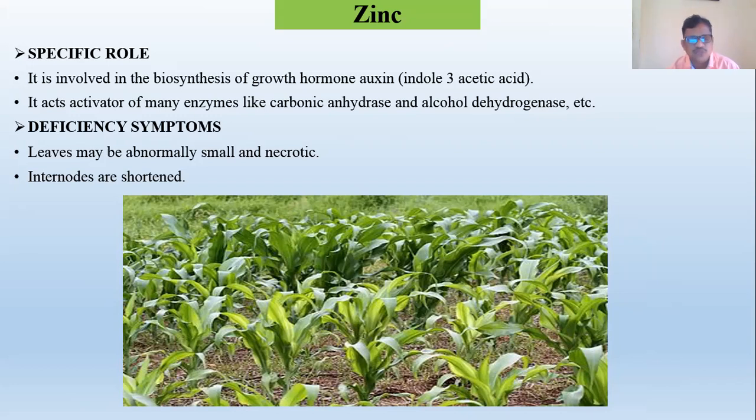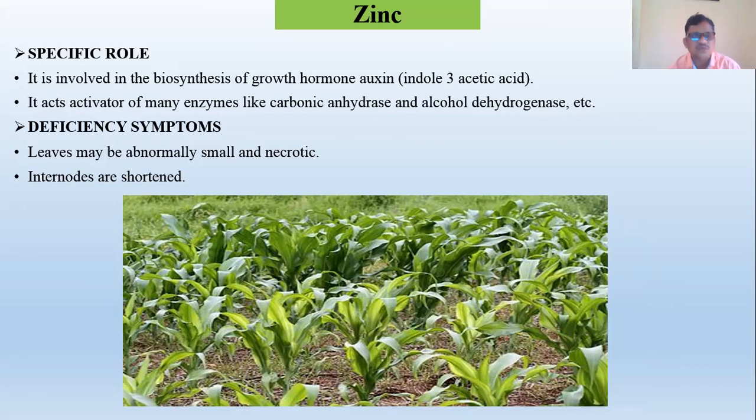The deficiency symptoms of any micro element need to be corrected on time, then only normal growth and development of that crop will happen, and we will get the standard yield. In the deficiency of these micro elements, plants are not able to grow normally or generate the yield.